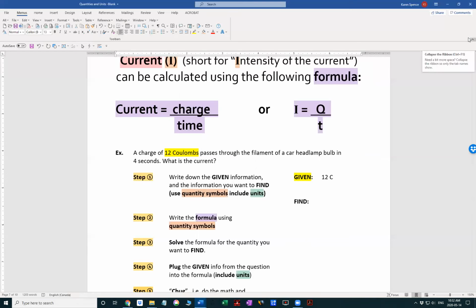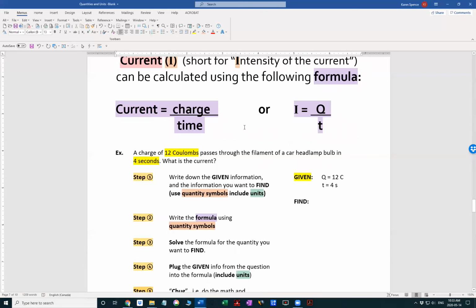And the symbol for charge is Q, for quantity of charge. We are also given 4 seconds. So seconds is measuring time, and time is lowercase t. So that's going to be 4 seconds.